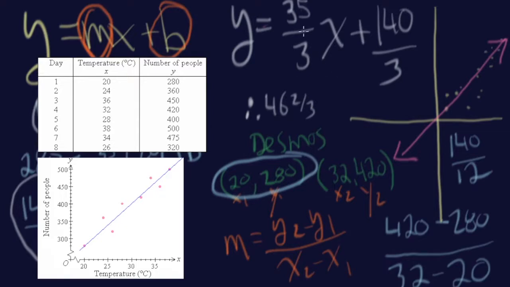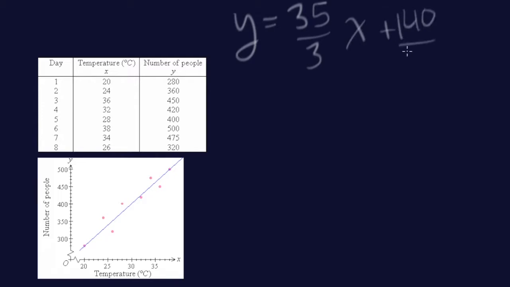So now that we have that, we can do the real fun stuff. What's the real fun stuff? Well, I'm glad you asked. It's using that equation, 35 over 3x plus 140 over 3, to make our predictions. I want to know what happens when it's 0 degrees.